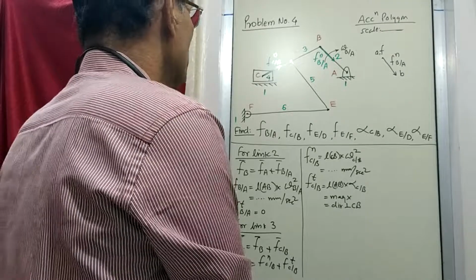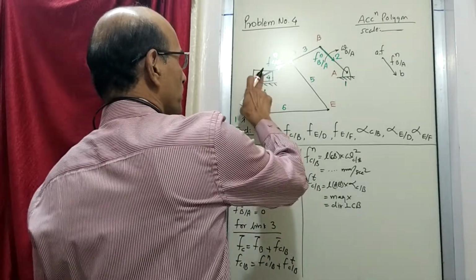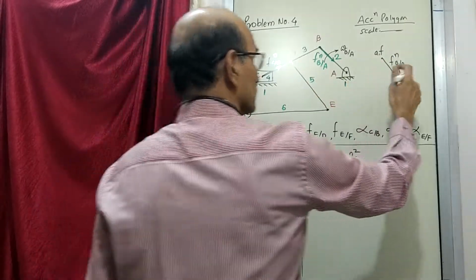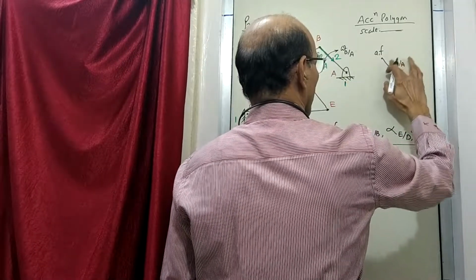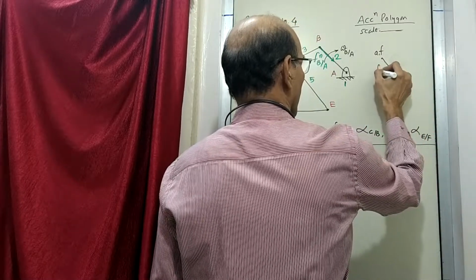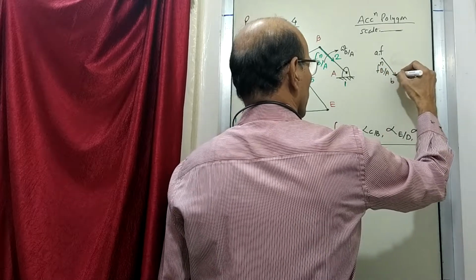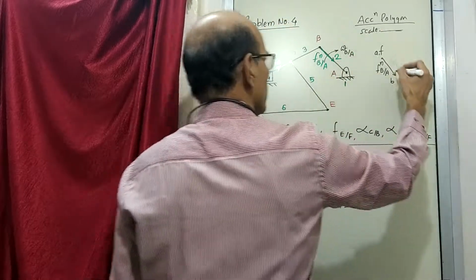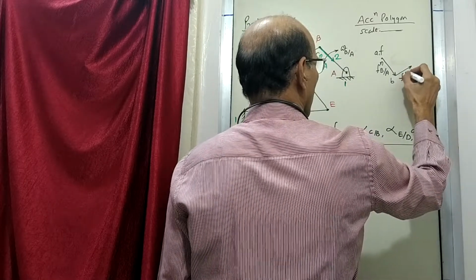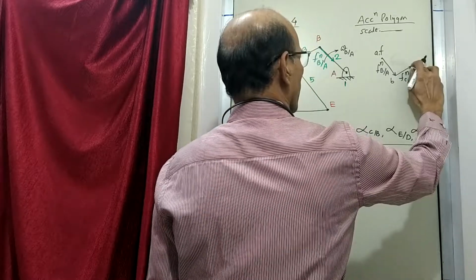Now the next is this part. Normal of C with respect to B from C to B in linkage diagram, here it will be from B to C. So the normal will be this way, and this is intermediate point C1.